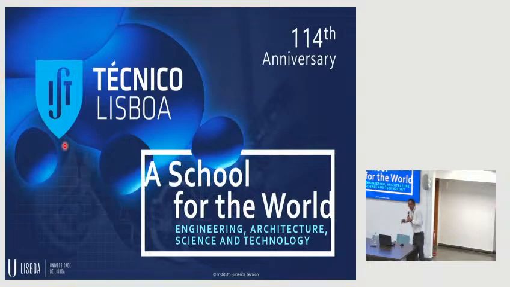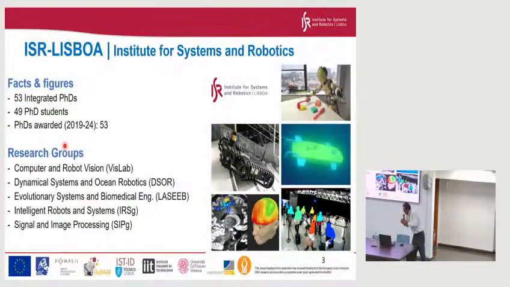We have all the engineering departments and also architecture. And also the research institute. So we are technical, but we are also a research institution. It's called the Institute for Systems and Robotics. We have, you can see the figures there, 53 integrated PhD students.